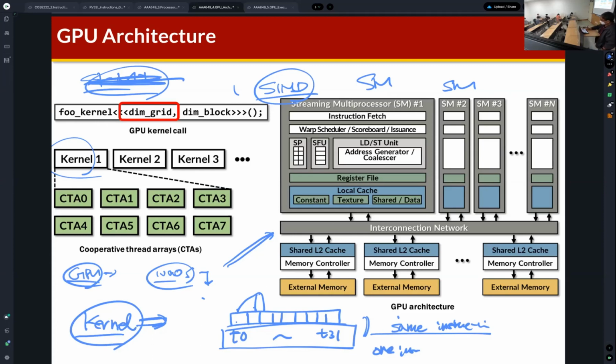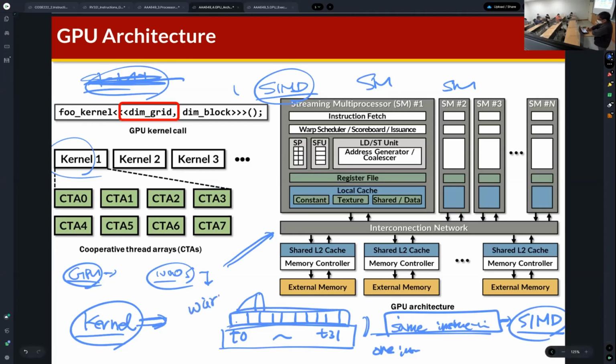By combining multiple threads that share the same instruction, the GPU just executes these grouped threads like a single SIMD-type process, and these groups of threads are called warps.